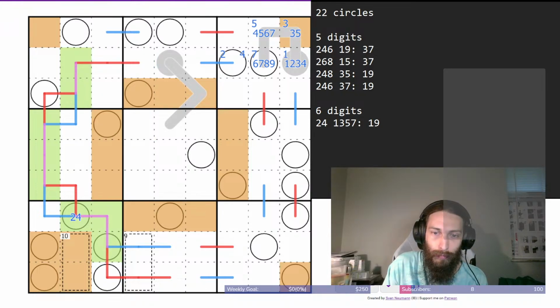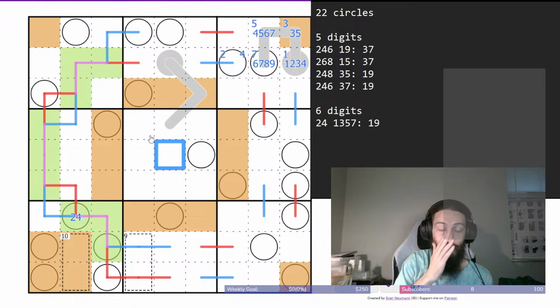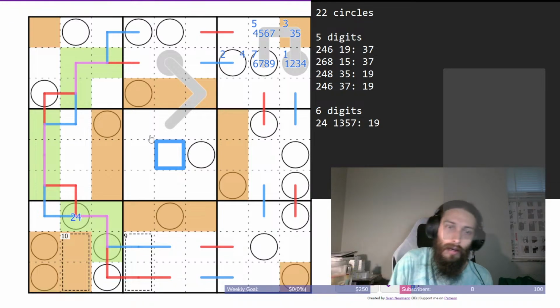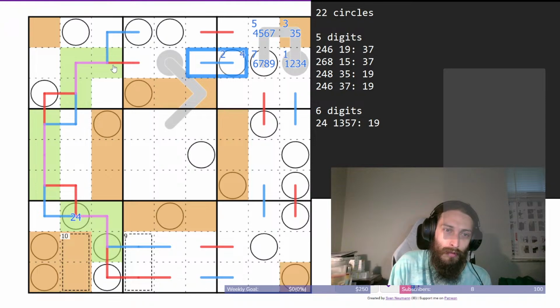Yeah, if blue wins, well, blue has to come there. I need a second blue to have 2, right? So that has to go down, which makes this part purple, because now this needs to be green. And now blue is going to end up taking this path.